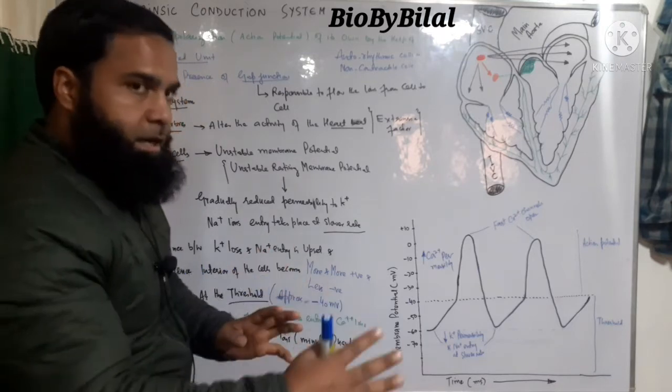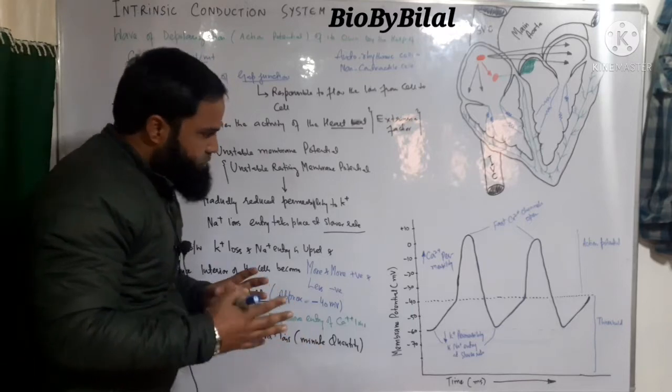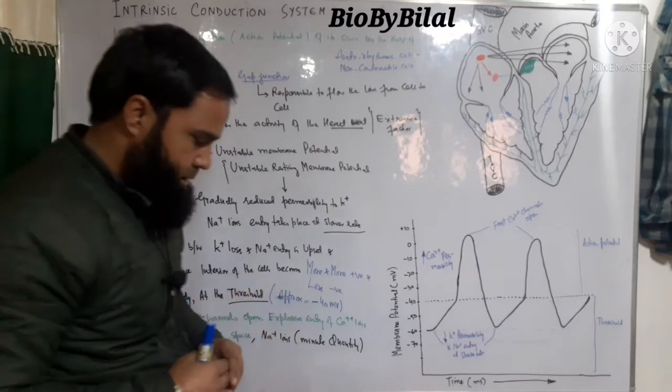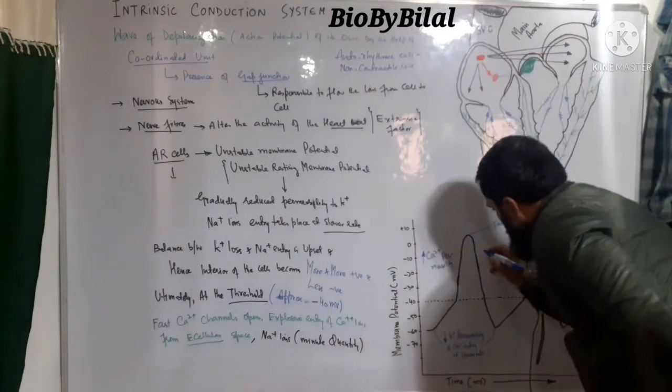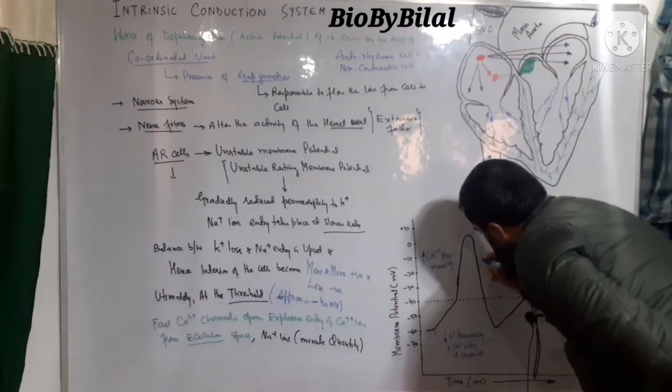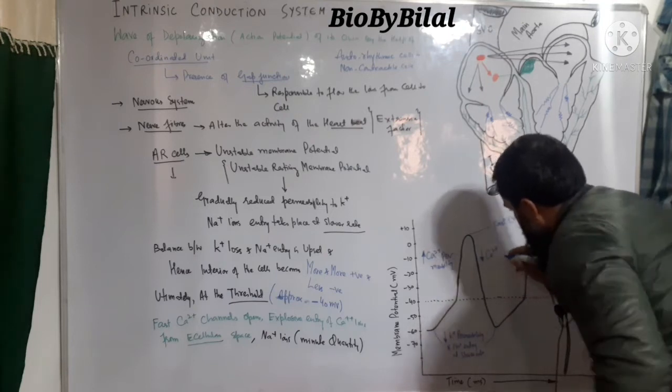In other excitable cells, what happens? Now, there is a gradual downward arrow, which indicates decreased calcium permeability.